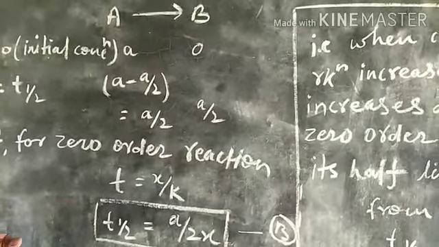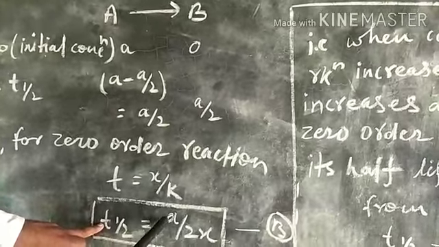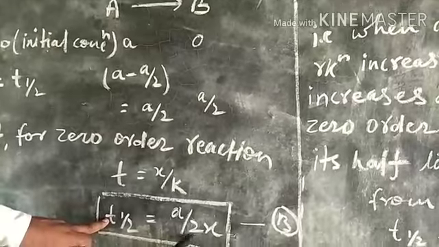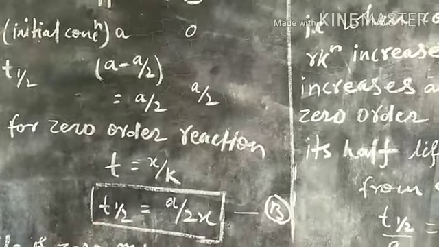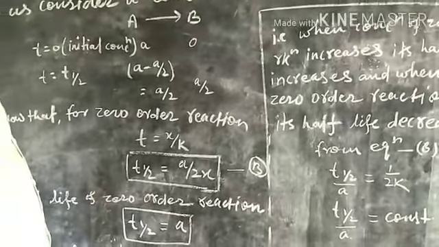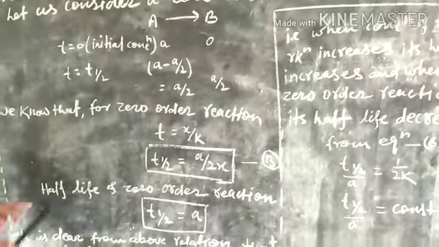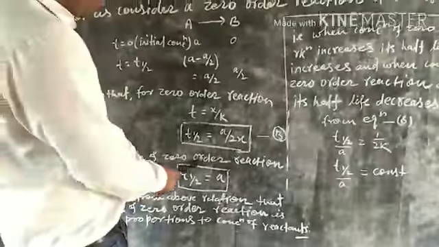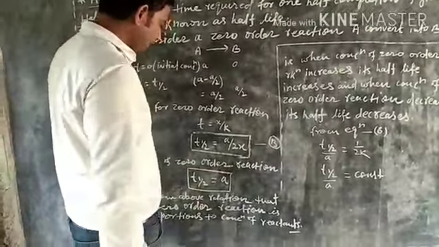But for half-life, t half equals a by 2k. Here x is the concentration. So the half-life of a zero order reaction is t half equals a by 2k.